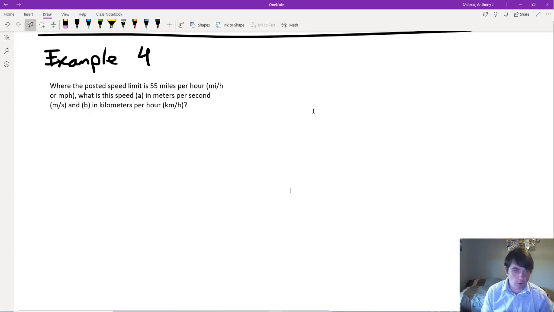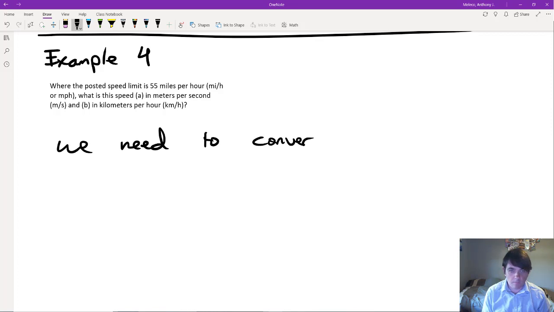So, example 4. Where the posted speed limit is 55 miles per hour, what is the speed in meters per second and in kilometers per hour? Okay. So what we need to do for something like this is convert two units at once.